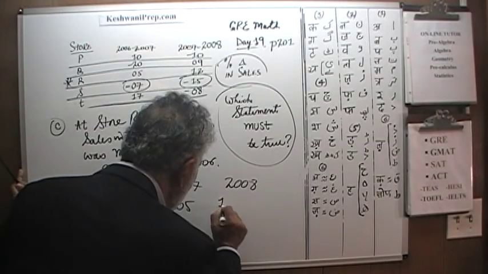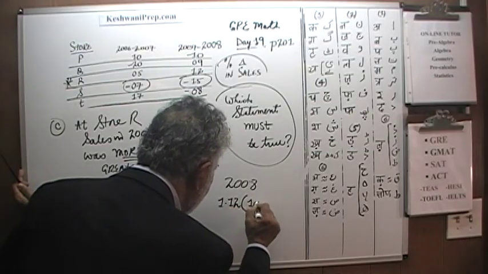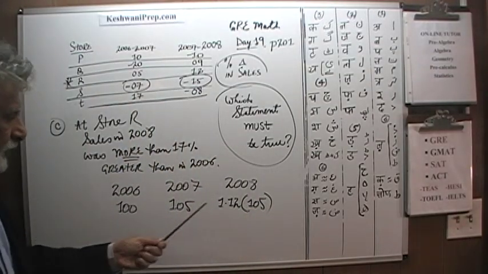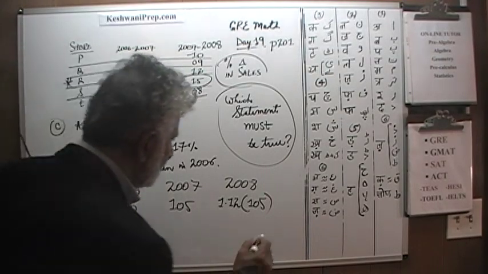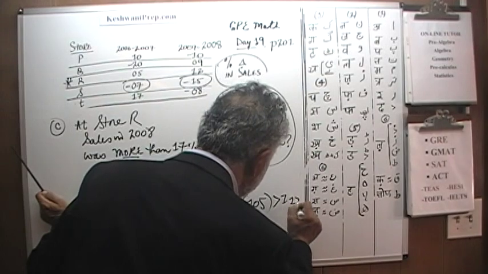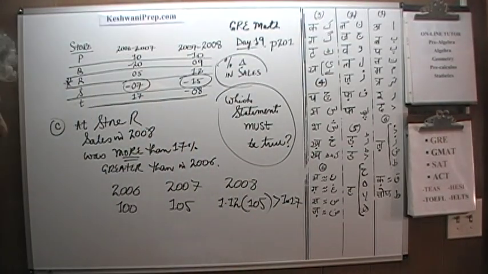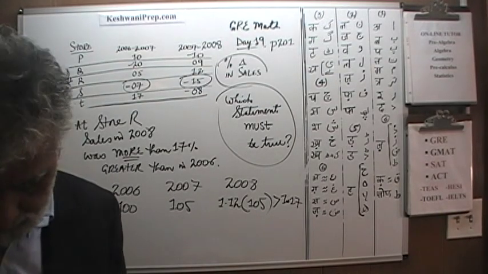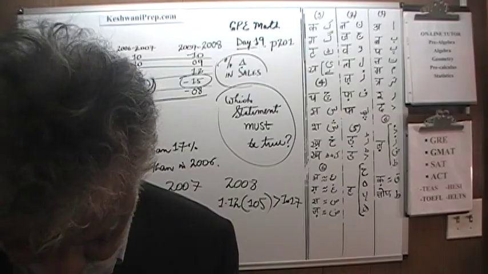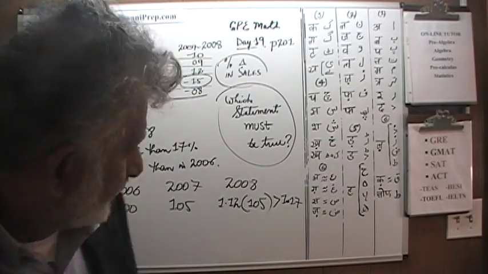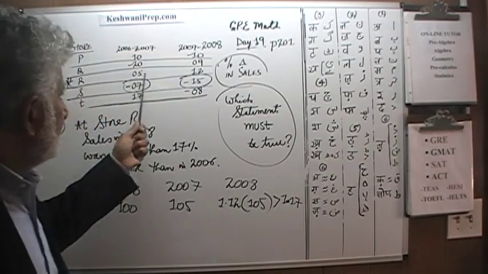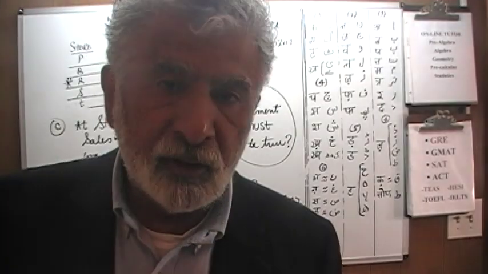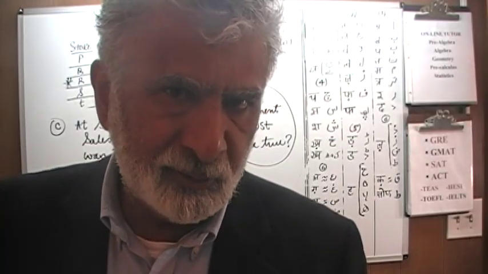So it becomes 1.12 of 105, and therefore that amount is going to be more than 1.17. You cannot go around adding percentages, just like we said a little while ago. It goes up by 5% and then by 12%, therefore the cumulative effect is going to be more than 17%. Do you understand?